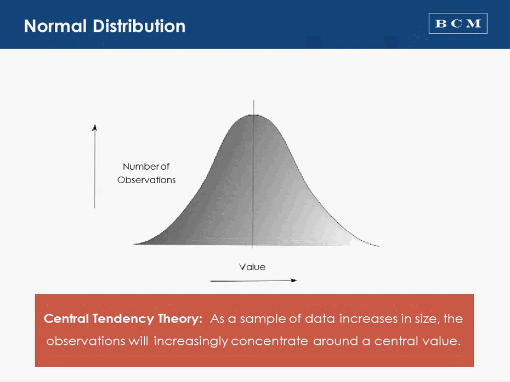Now, to make sense of this, let's just do a really quick example. Let's pretend that we went and measured the height of every man in the United States. There would be something like 100 million measurements, which is a very large sample size. Now, if we went and graphed the results, we would find that some men are very tall, represented by the right end of the graph.